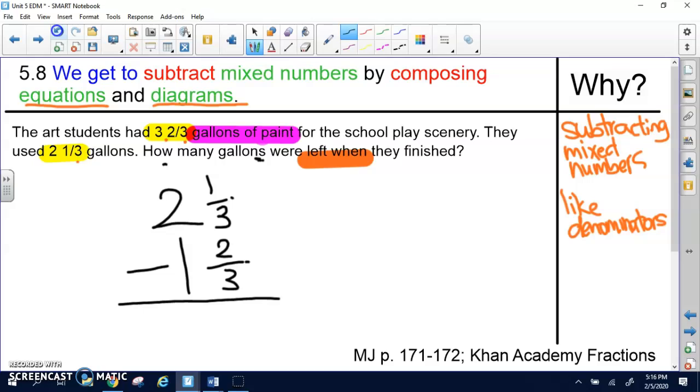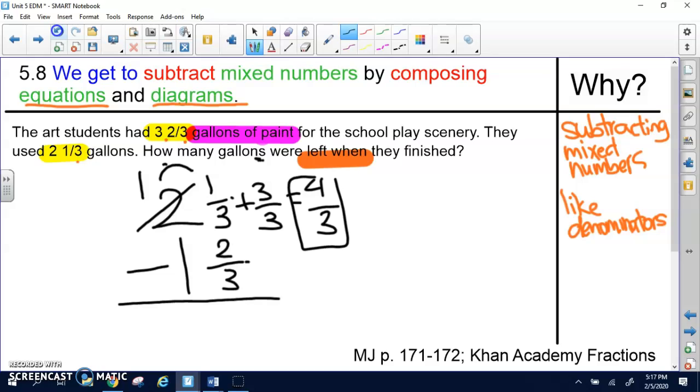So what I have to do is borrow first. I would have to change this to a 1. And since I'm taking one whole out and borrowing it, 1 whole is 3/3. So I'd have to add it to that. 3/3 plus 1/3 is 4/3. So now I can subtract 2/3 from that 4/3. 4/3 minus 2/3 is 2/3. And then 1 minus 1 is 0. So the answer to this one would be 2/3.